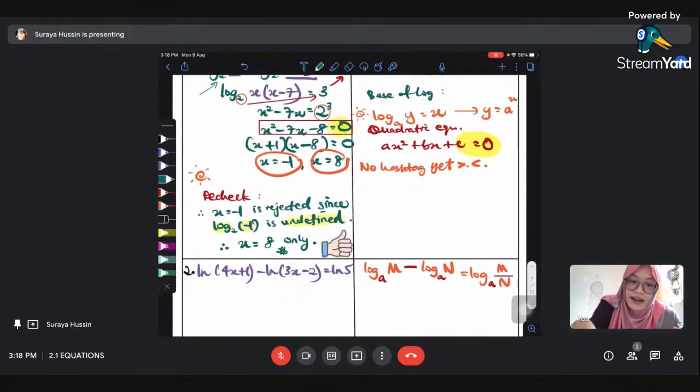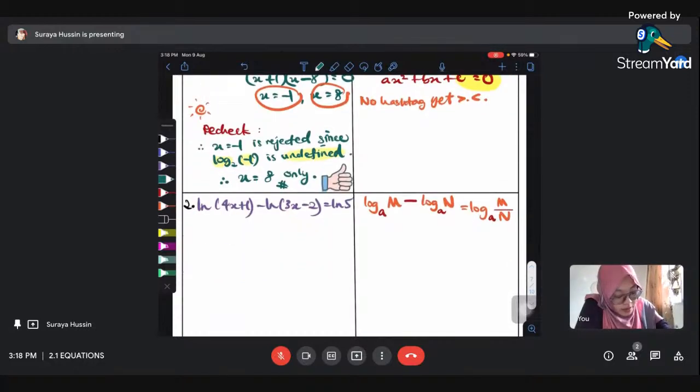Dia tidak sepayah surd. Okay. So let's go to the second equation. Okay, now you should know this one by now, that this is ln minus ln. Ln minus ln ataupun log minus log akan memberi kamu log divide m bahagi n.